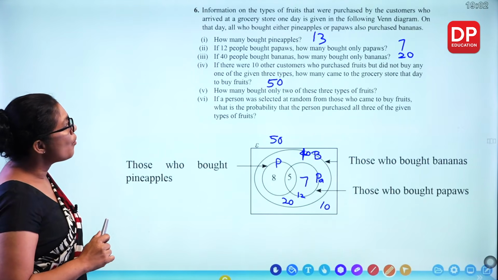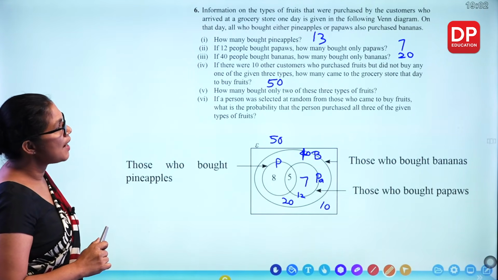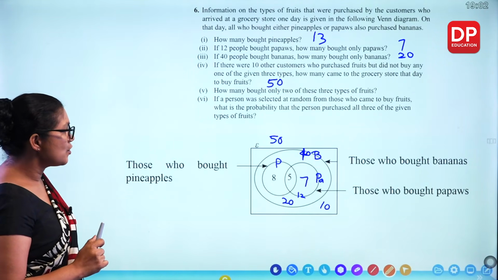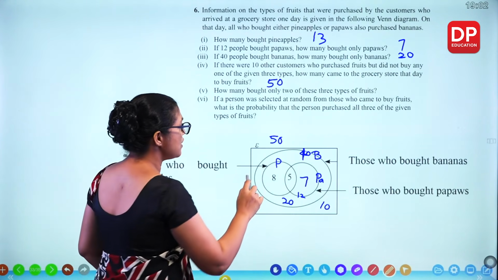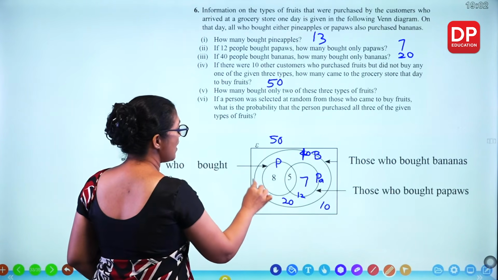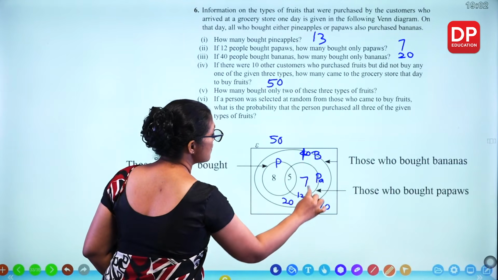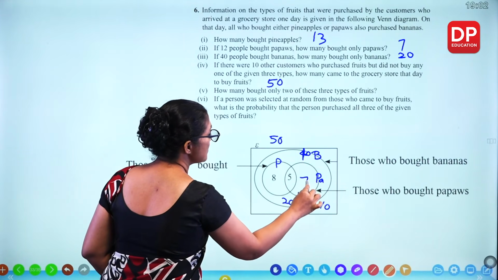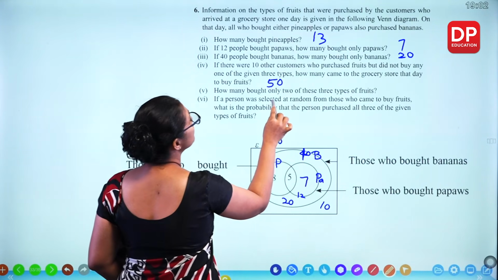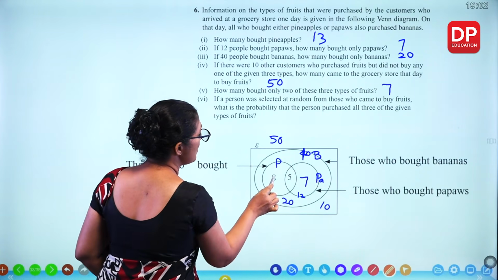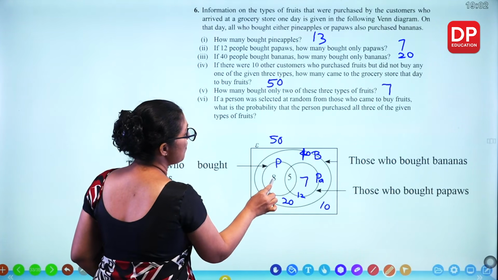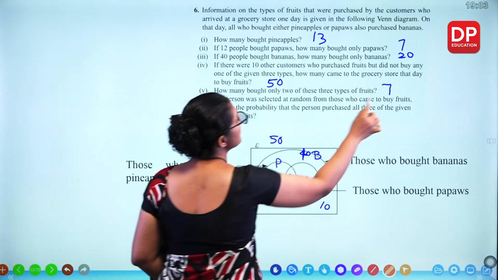How many bought only 2 of these 3 types of fruits? Only 2. So I can think of only 2. This one, if this is this one and this one, papaya, that means 7. And this one with pineapple, that's 8.